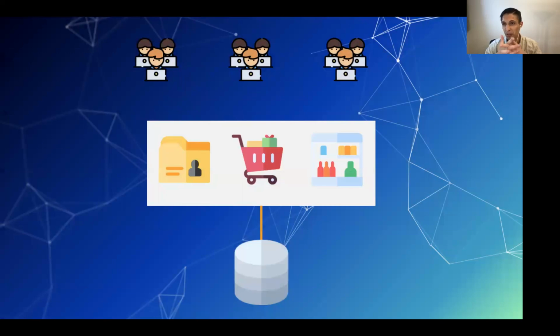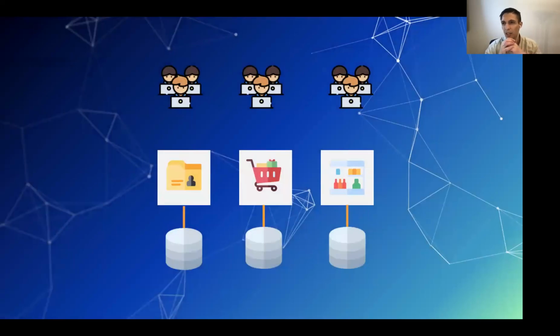Okay, let's look into an example. We have our same e-commerce site, we have all the logic, and we have a lot of engineers that support this service. So how could we simplify our development? We could split our big service into small microservices, and each individual team could support their service.